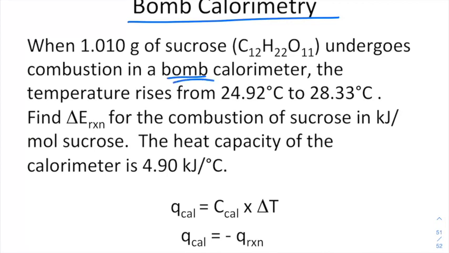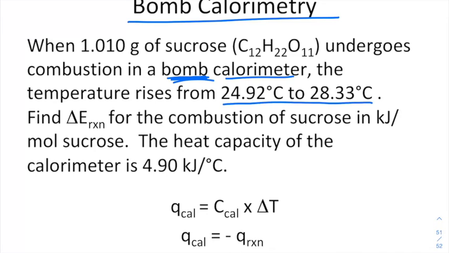You're going to see the word bomb right there in the question. So when you're looking at one of these calorimetry problems, and somewhere in there it will say calorimeter or calorimetry, again, not trying to trick you, that word bomb will be right there too. All right, so it says when 1.010 grams of sucrose undergoes a combustion in that bomb calorimeter, the temperature rises from 24.92 to 28.33.